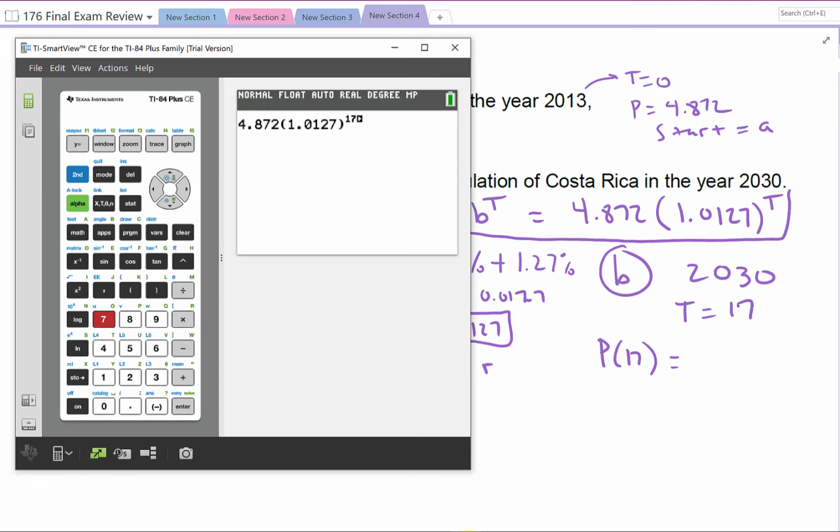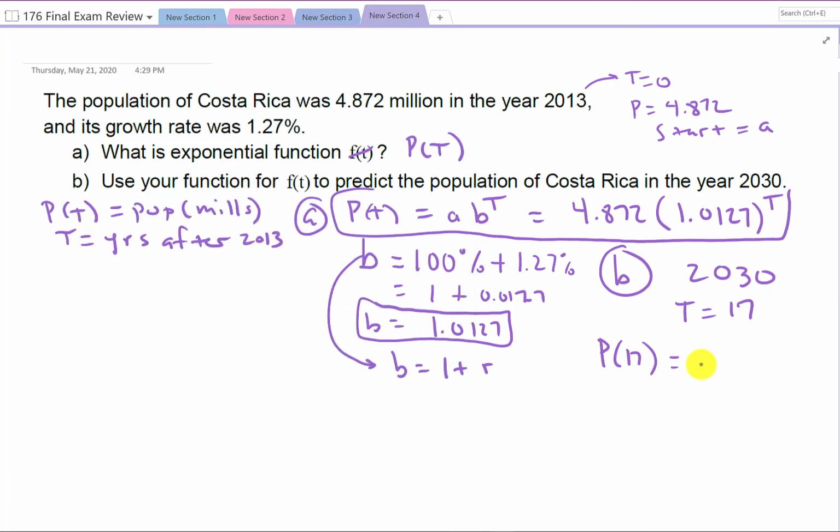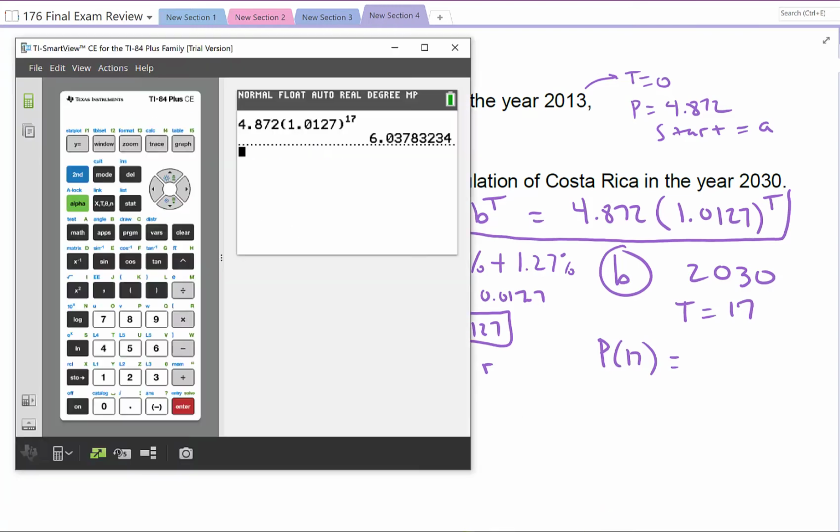So 4.872 times 1.0127 raised to the 17 power, and we get 6. Oops, I didn't remember the number. 6.037. Let's just round that off, call it 6. Well, no, we're talking about millions of people.